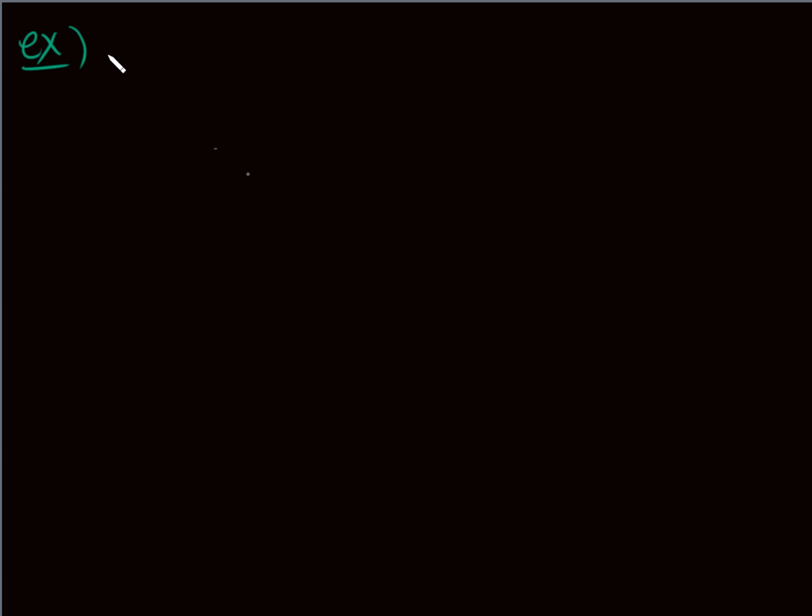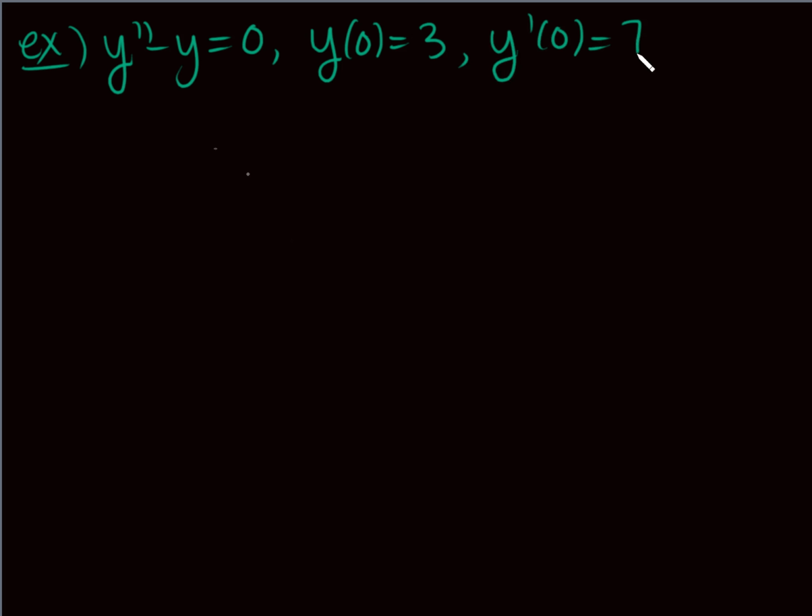So let's do an example here. Let's look at that other example that we had, y double primed minus y equals 0, where we know a couple things here. Let's say that y of 0 equals 3 and y primed of 0 equals 7. So in this case, what are our functions out here?